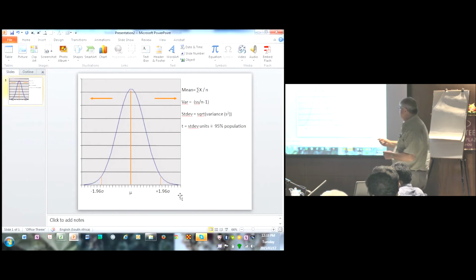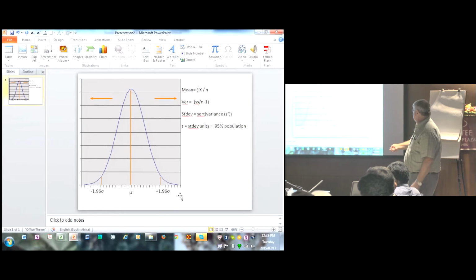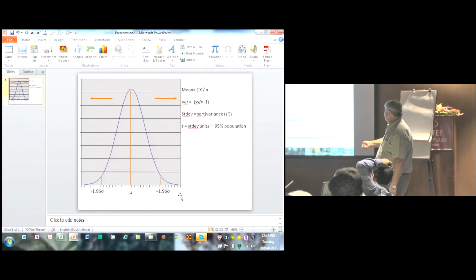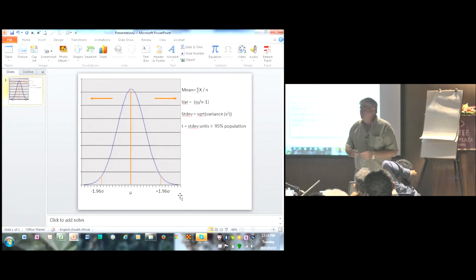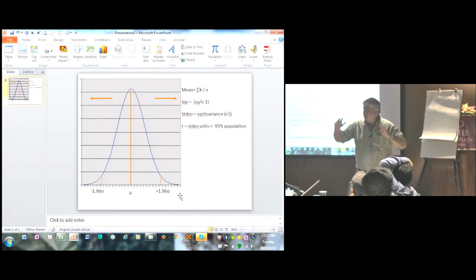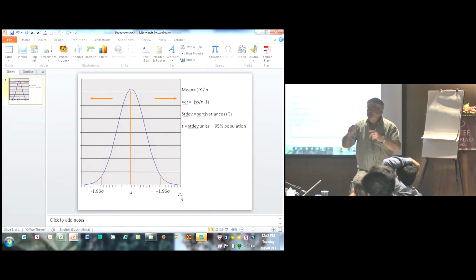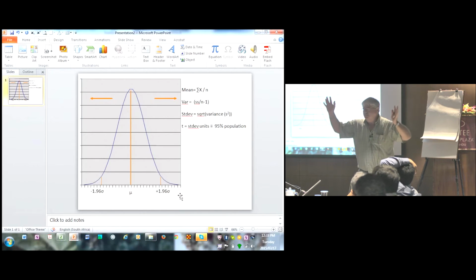I haven't got the t value in front of me at the moment, but for that sample of 10, it's probably in the region of 2.2 or somewhere around there. So not 1.96, because it's a small population. So I'll take my standard deviation, which is 4, times 2.2. Okay, times 2, is 8.